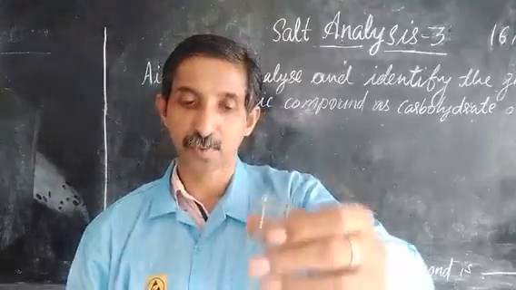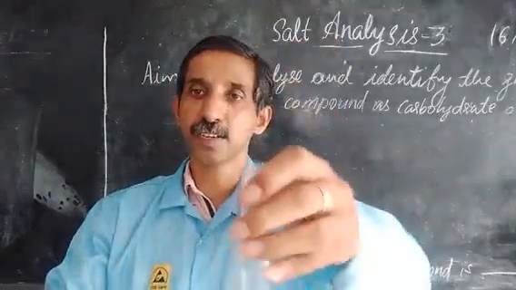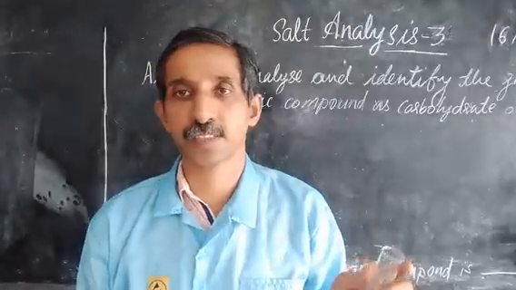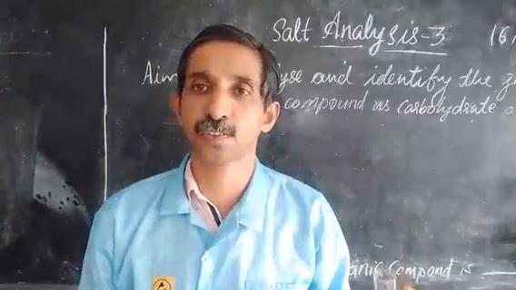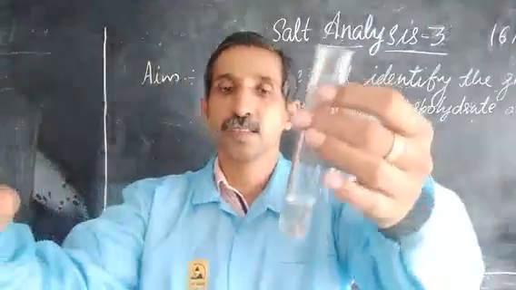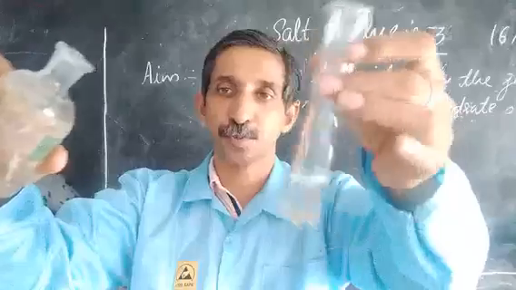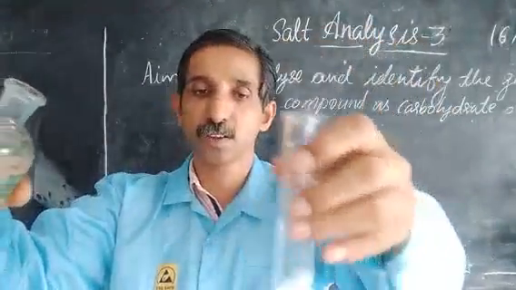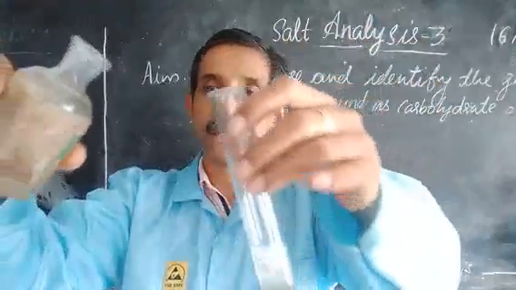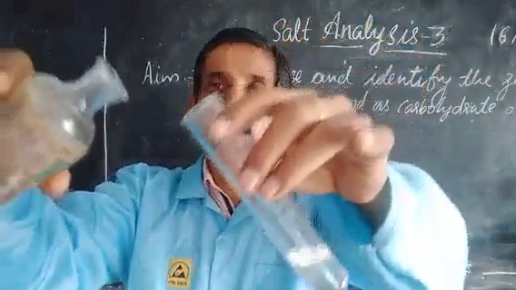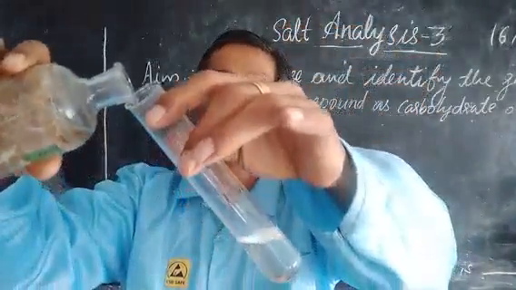We have concentrated sulfuric acid here, and remember this has to be added very carefully along the sides of the test tube or boiling tube. I have taken a boiling tube, and now I'm going to add concentrated sulfuric acid slowly along the sides of the boiling tube.